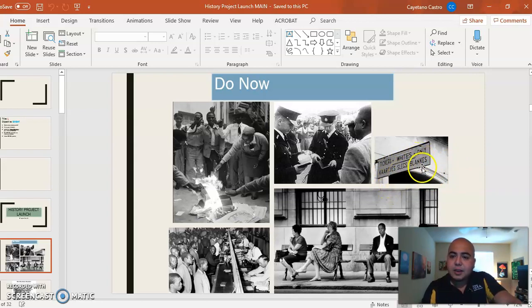Right there's already a division where you have segregation going on. In this image, you have two Africans sitting down, and two white ladies looking away. This is a stark comparison of how there's a division between both people. And over here you have a community of African Americans who are trying to eat.